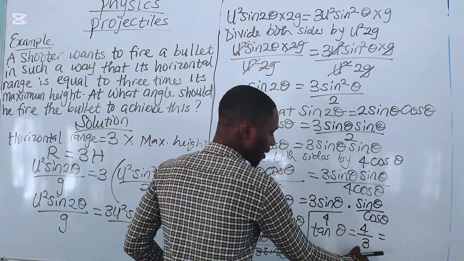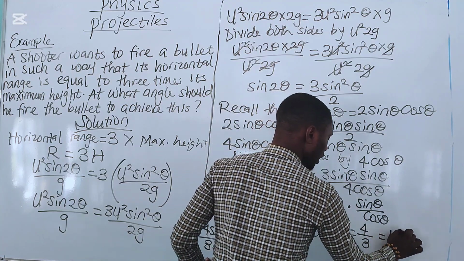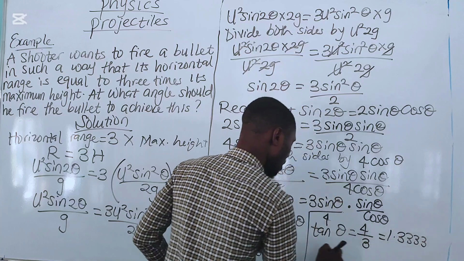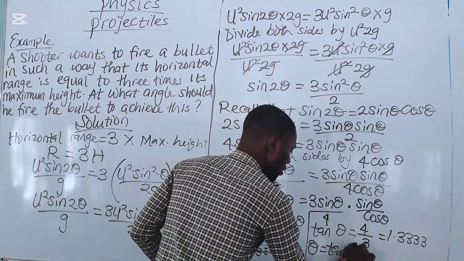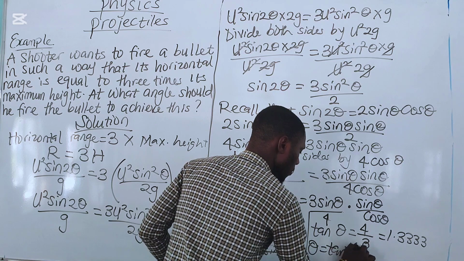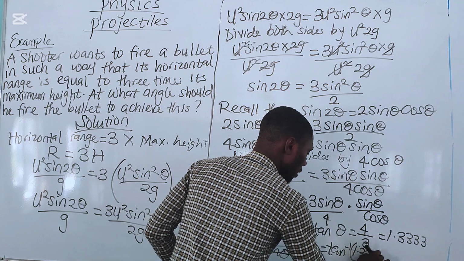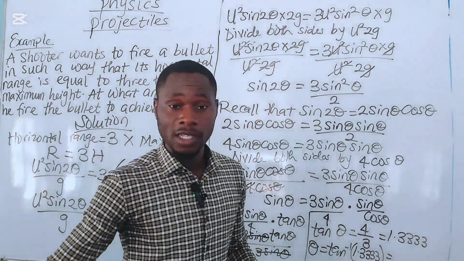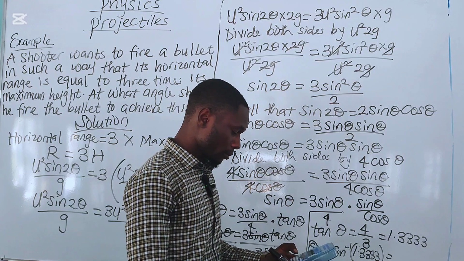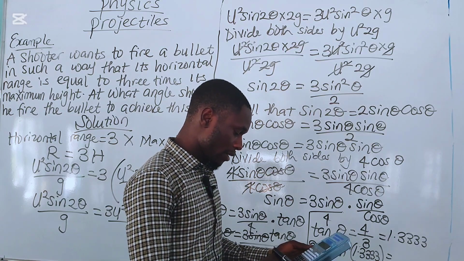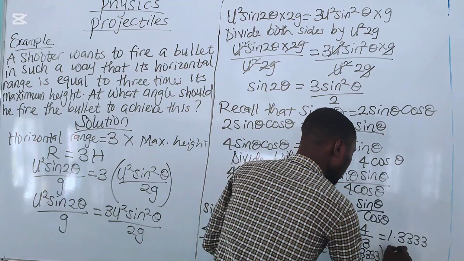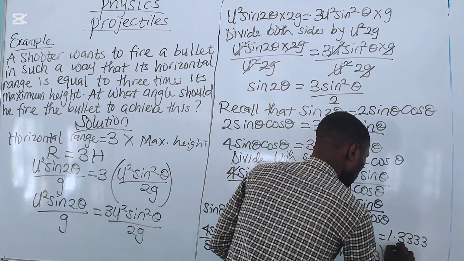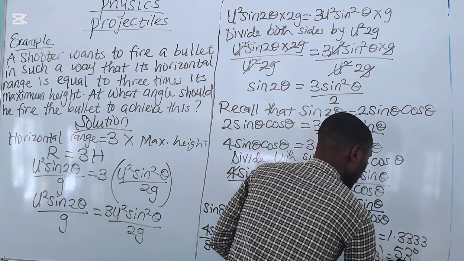4 divided by 3 is 1.3333. So theta becomes the tan inverse of 1.3333, which is approximately 53 degrees.